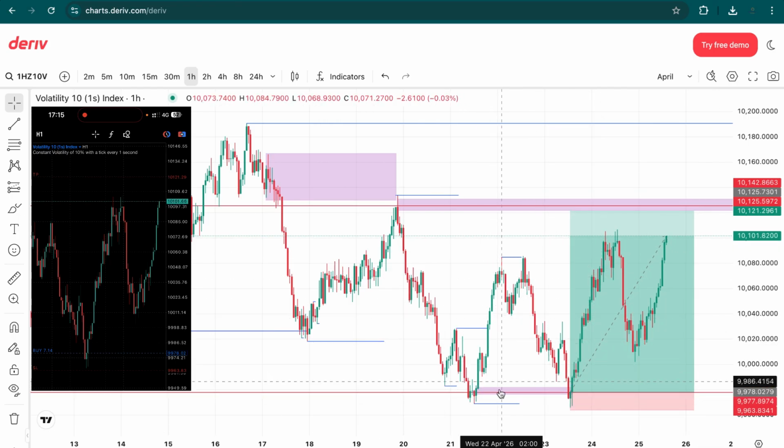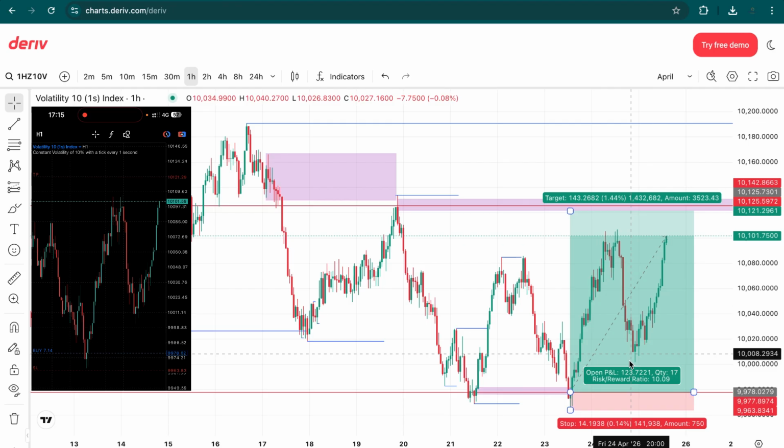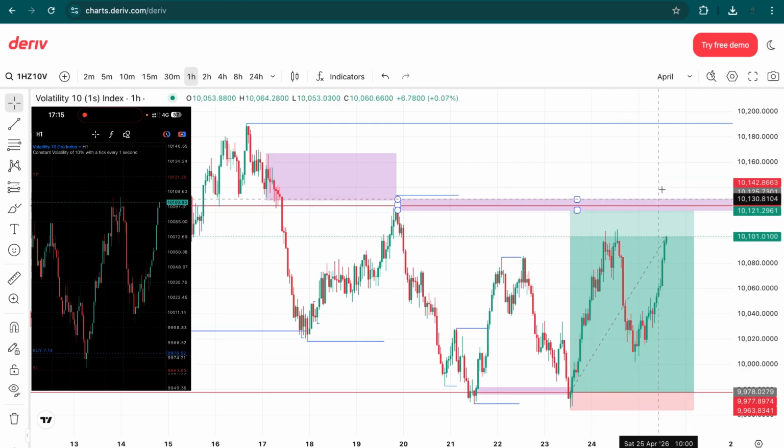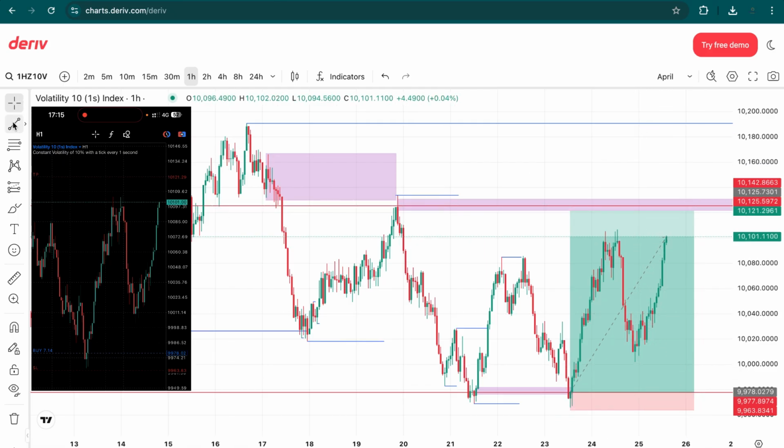So in this internal structure, we had already formed this higher high. So we came and formed a new higher low. After giving us a new higher low, we went ahead and formed a new higher high again. After forming a new higher high, we had this order block, which didn't react perfectly, but somewhere around here, the market reacted there, and now we are proceeding towards having a new higher high, and we placed this new higher low.